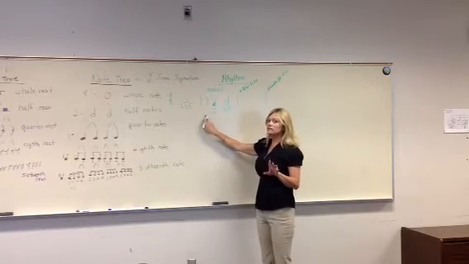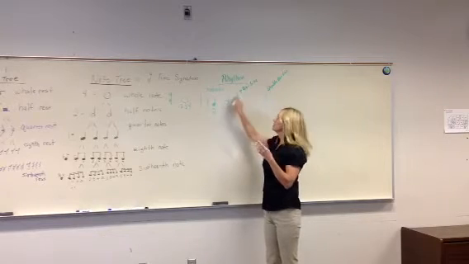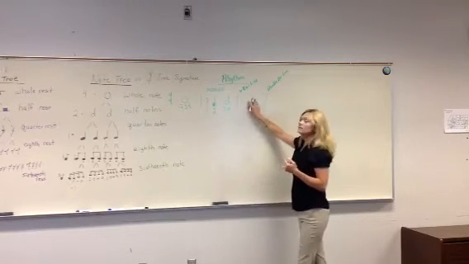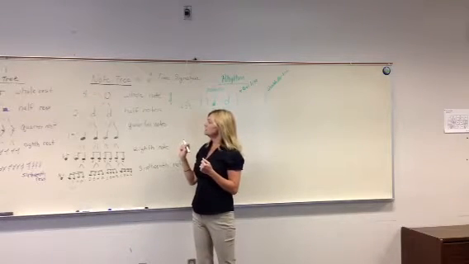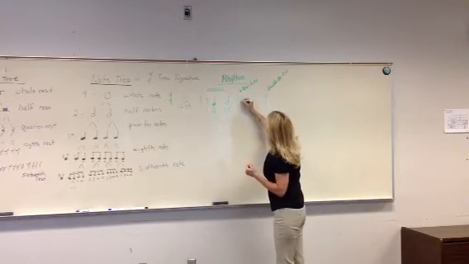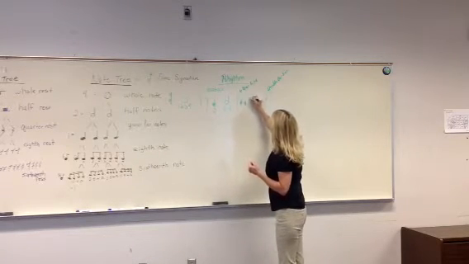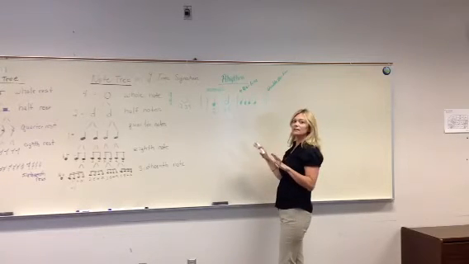So we have a rest on the first beat, 2, 3, 4, we're done. Bar line. We need 4 beats in this one. Let's do something easy. Let's do 4 quarter notes. Double bar line, the end.